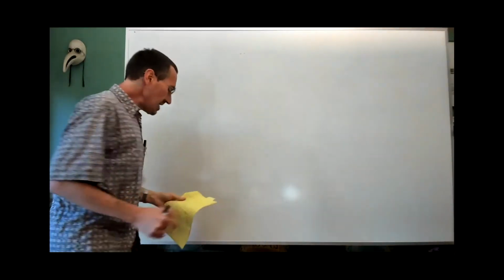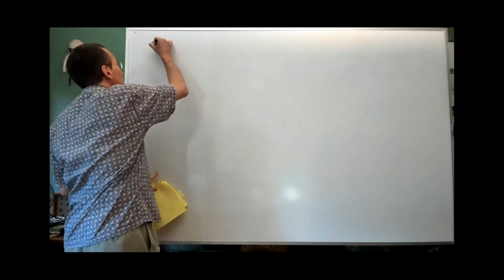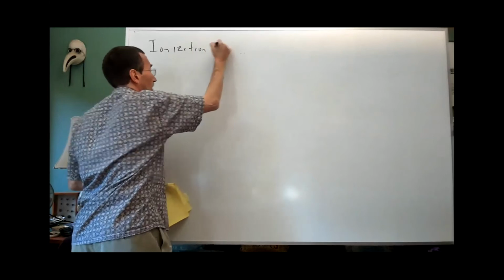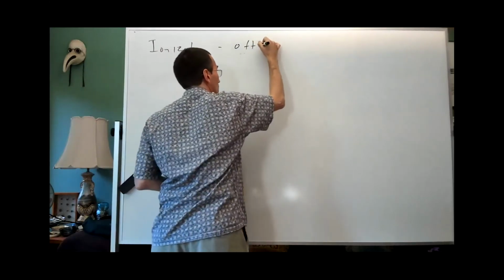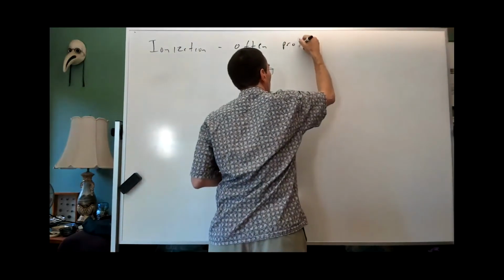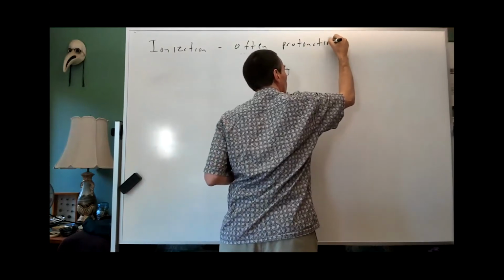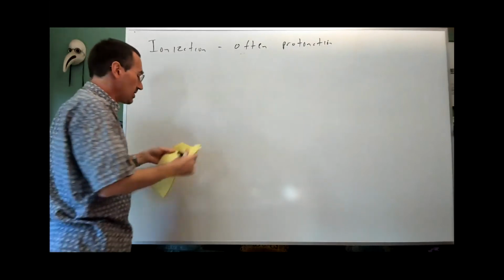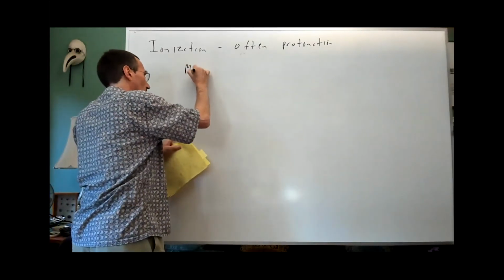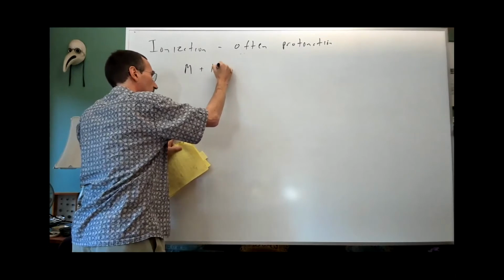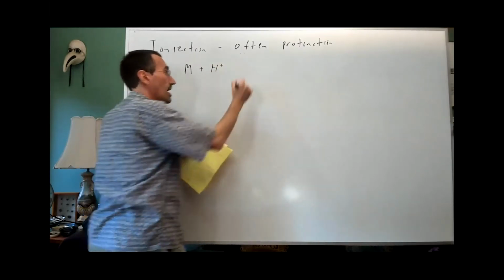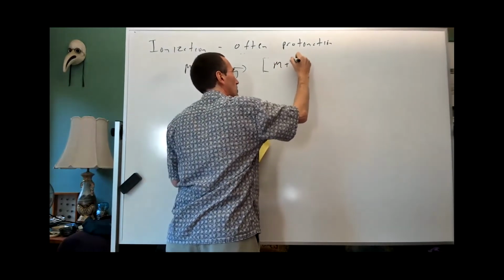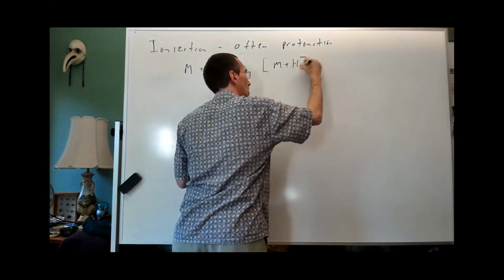All right, so as I've been hinting, the ionization is often protonation. And so you can think of this as you have your molecule plus a proton, and you literally just protonate your molecule.